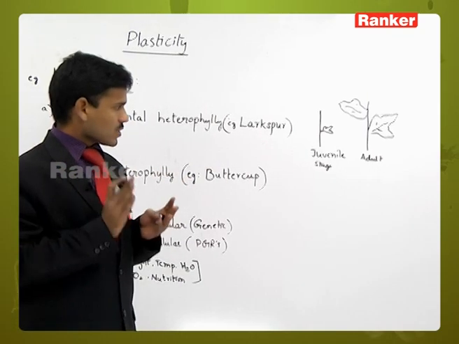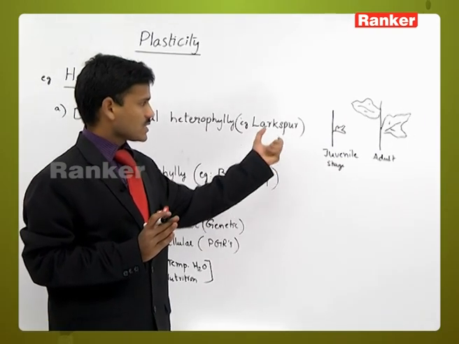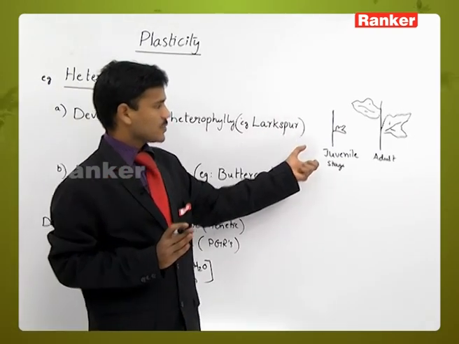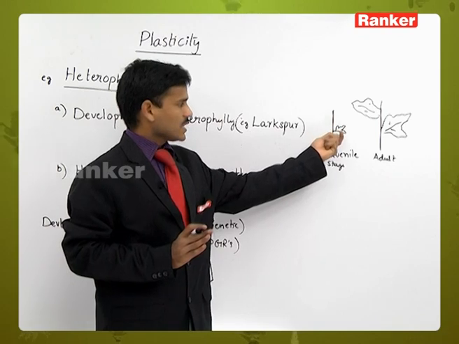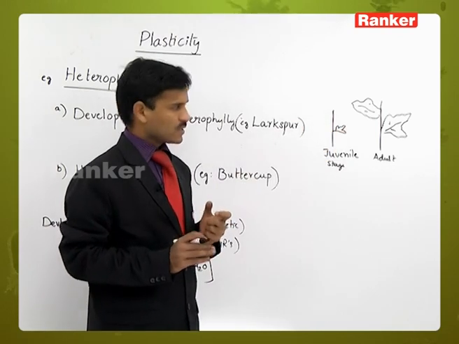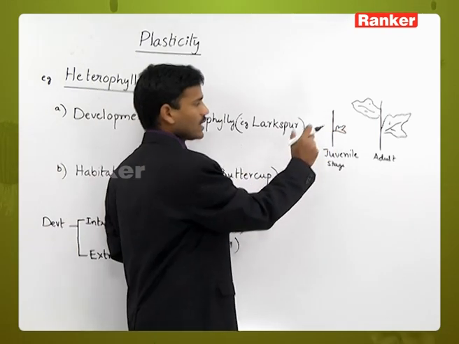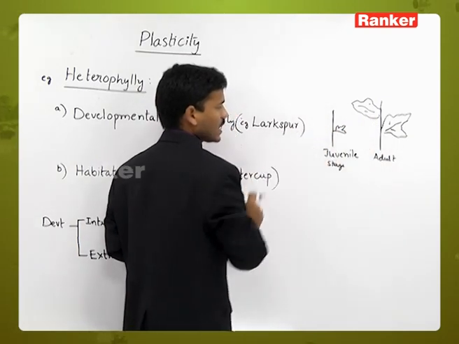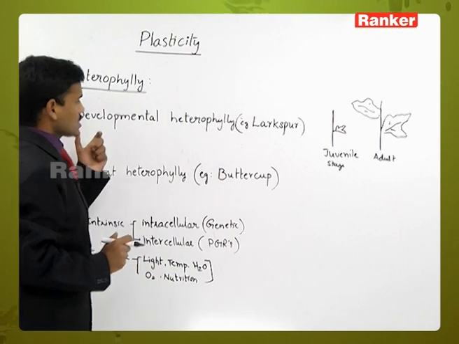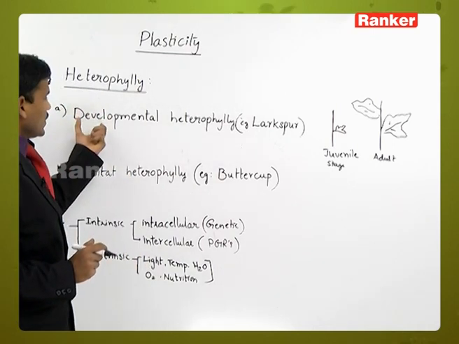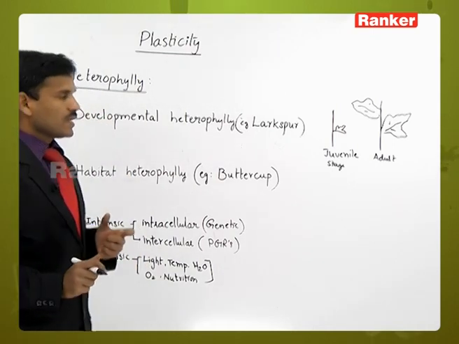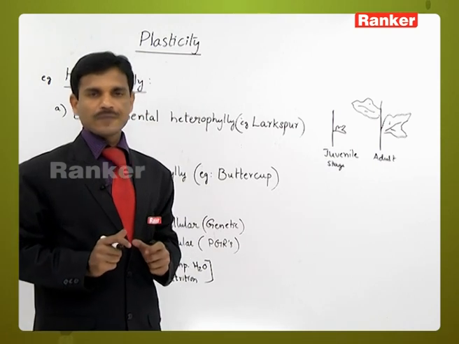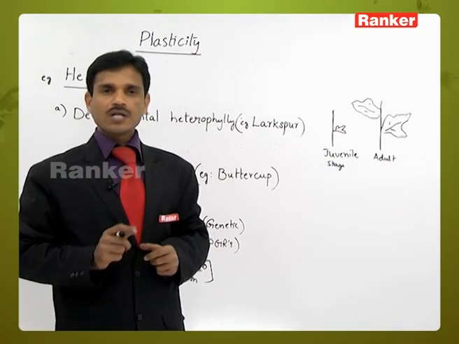In the young stage the leaves are structurally different, and if you compare the leaves of the adult stage, they are also different. This type of heterophylly is called developmental heterophylly. It is observed in larkspur and also in dolichos.